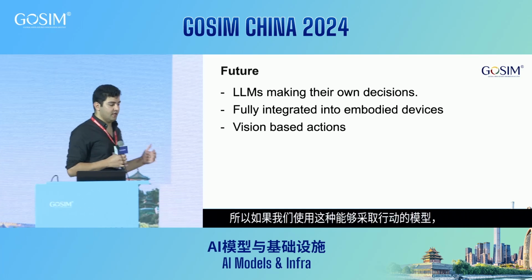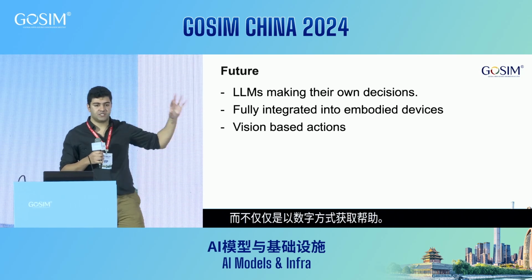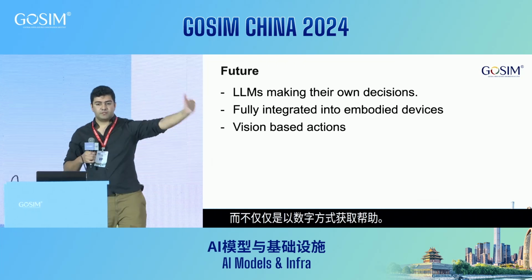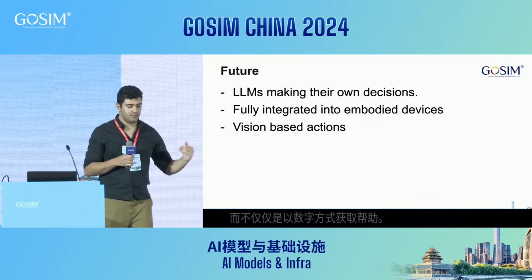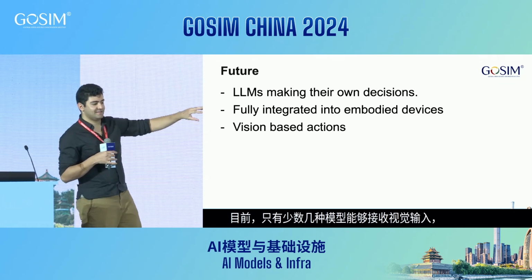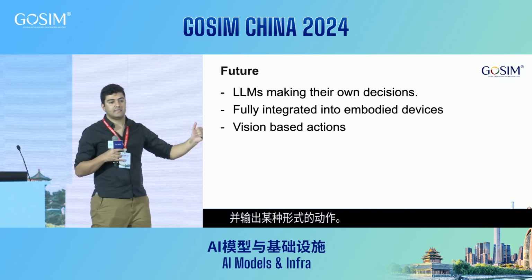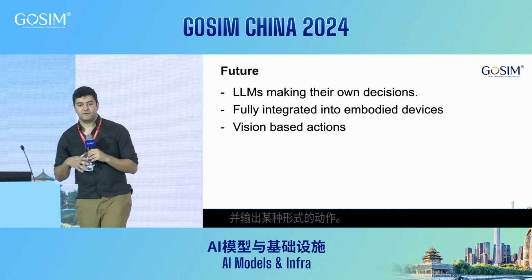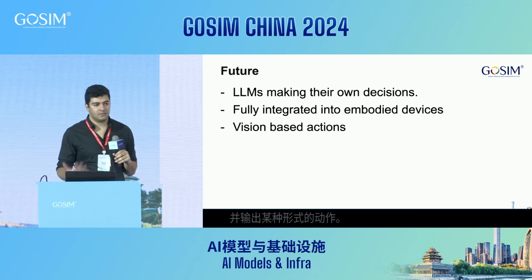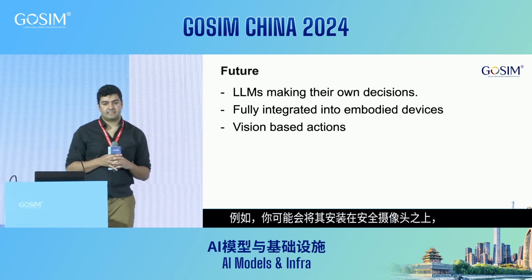And currently, there are only a couple of models that are capable of taking vision and outputting some sort of action. For example, you might put it on a security camera, and if it sees a fire, then alert me, or call the police, call the ambulance, or something like that. If you develop something like that, then those types of models can take actions too.